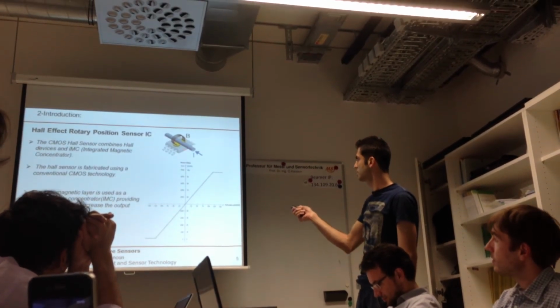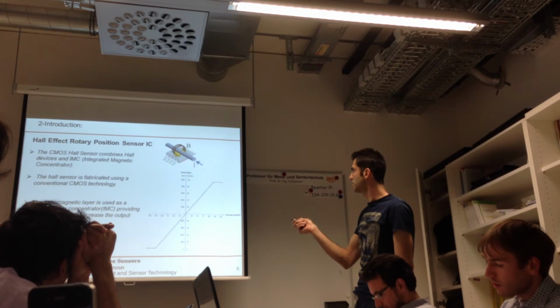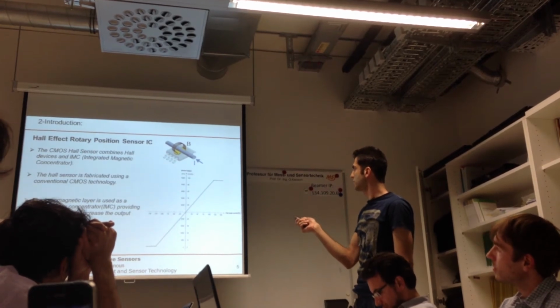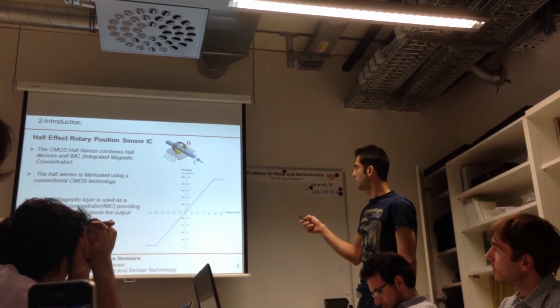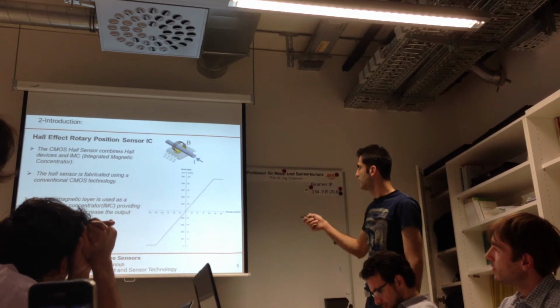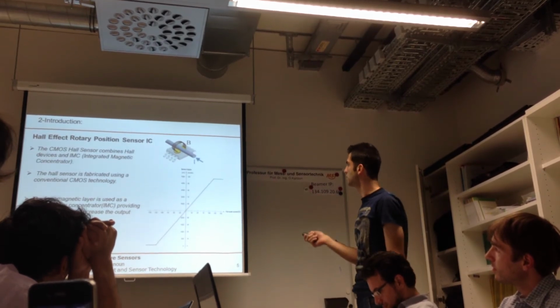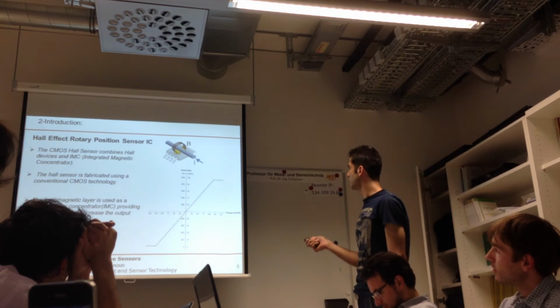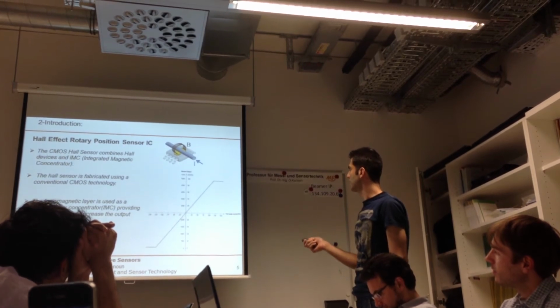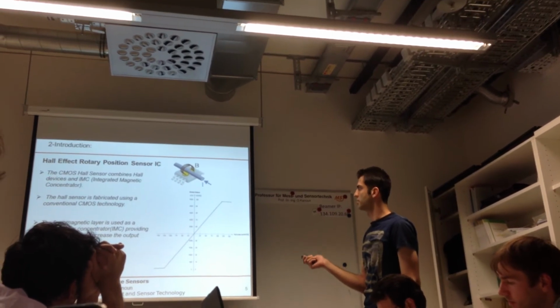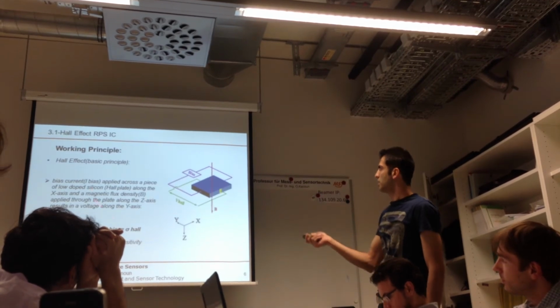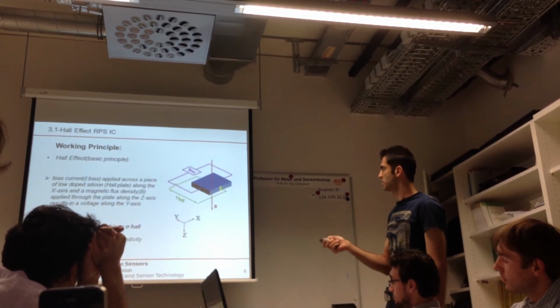As you can see, if you apply current through this conductor, a magnetic field will be created around the IC here. The input is current or magnetic field, and the output is voltage. Here, Hall effect. What is the Hall effect?